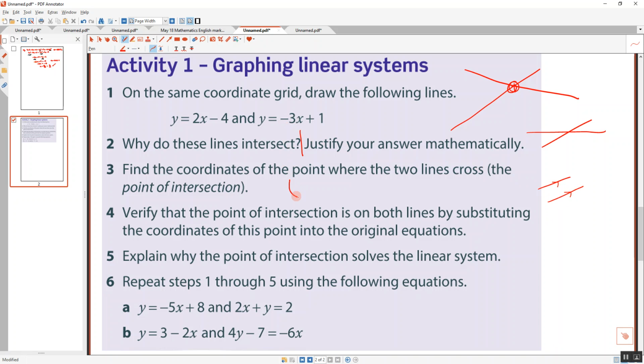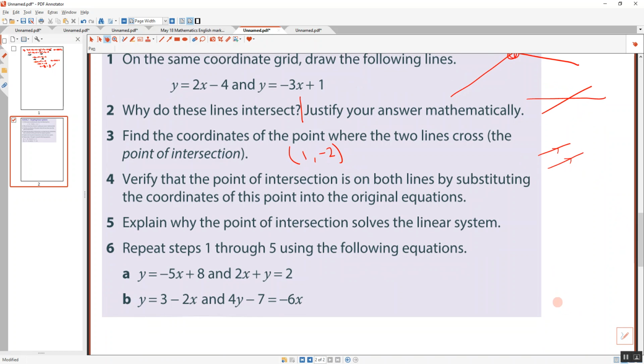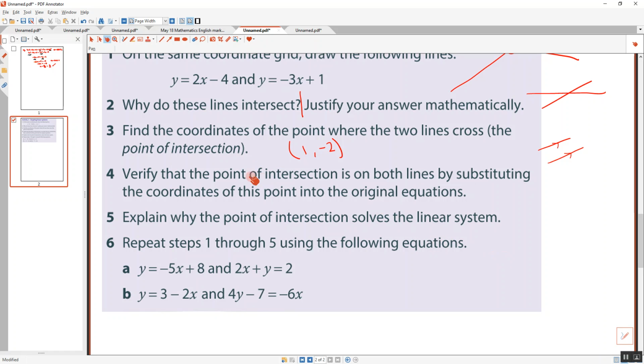So we found our point of intersection. What did we say it was? 1, negative 2? Everybody's cool with that? Now this is where we're going to start doing it more algebraically. We want to verify this point of intersection by substituting the coordinates of this point into the original equation. Some of you may have solved this, which is fine. Can you tell me what you're doing, Bella?